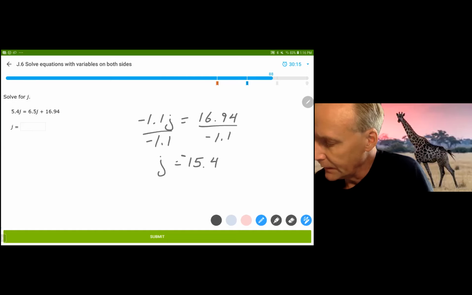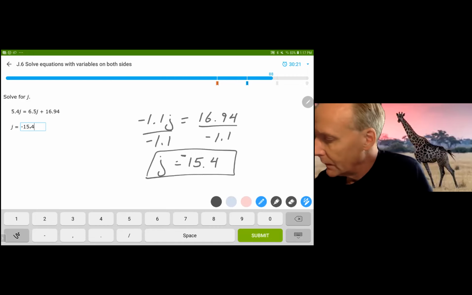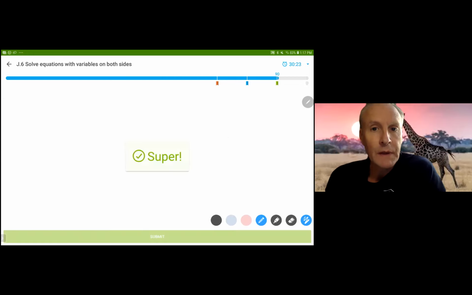And it is negative. Don't forget to include your negatives. Hopefully I'm not talking too low.